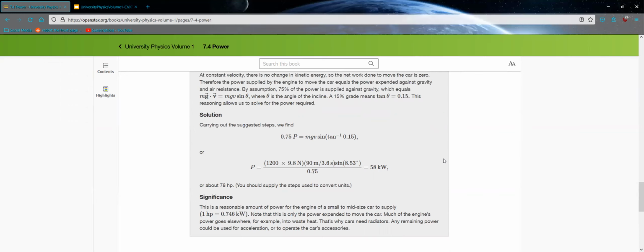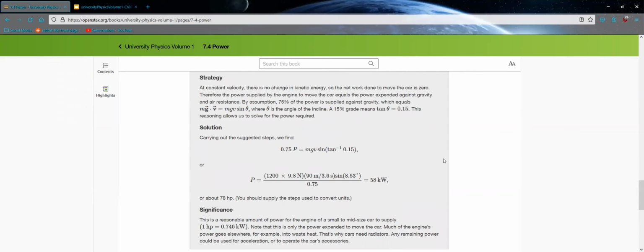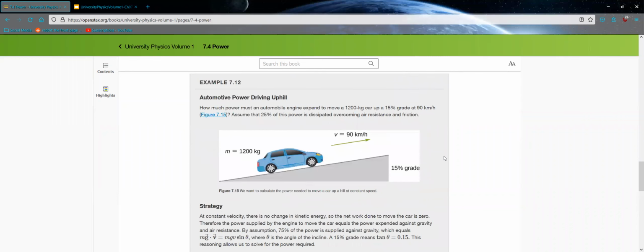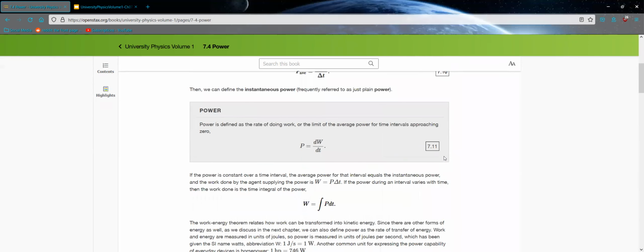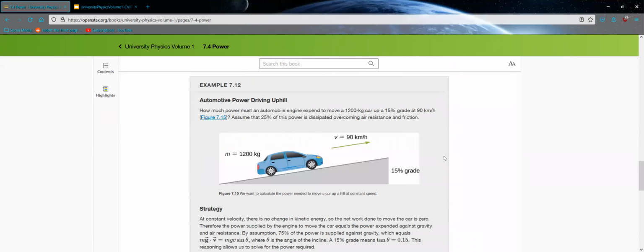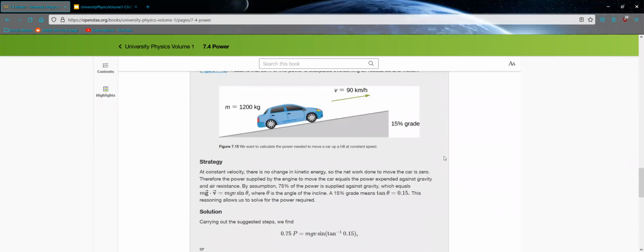American units. So where's that sine theta coming from? Go up here to my examples. That's not the example I wanted. Oh, okay. So your sine theta is referencing your grade here because you need to have that x component, and our velocity is given by our 90 kilometers per hour.